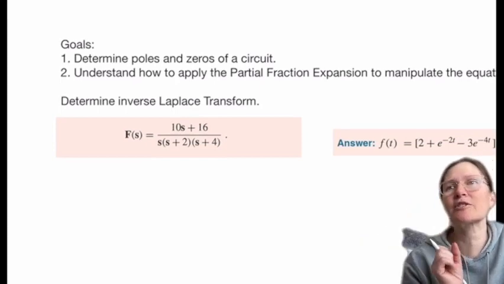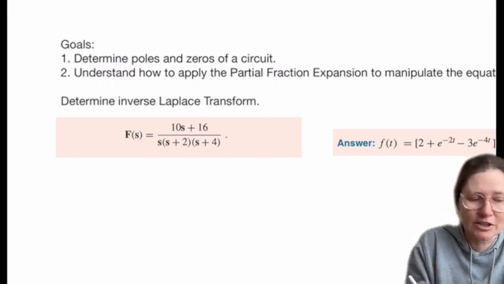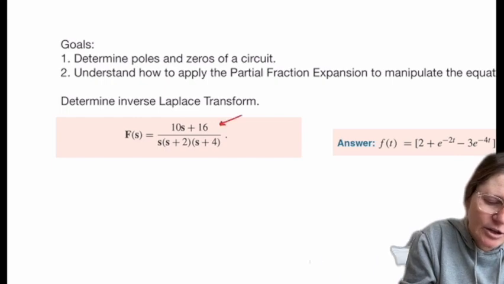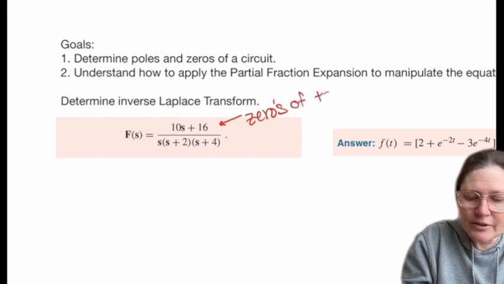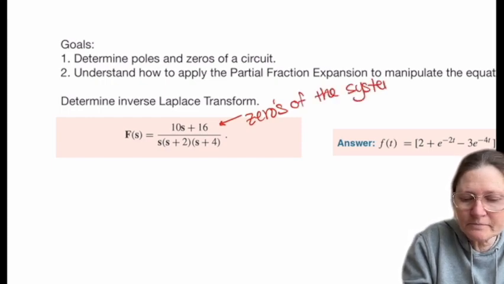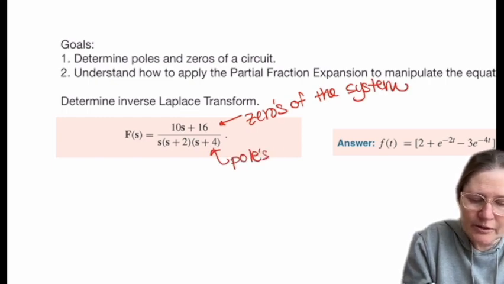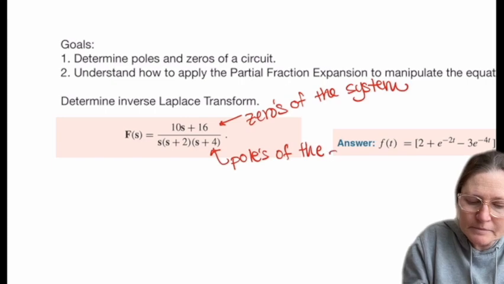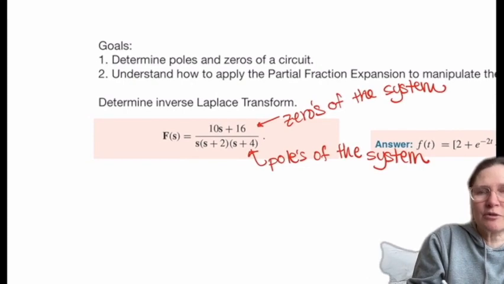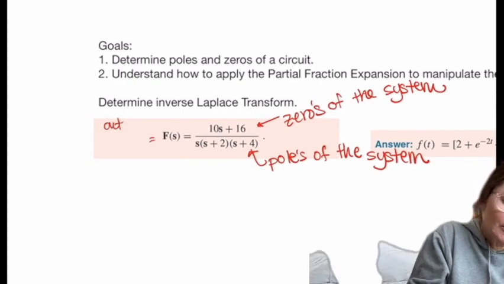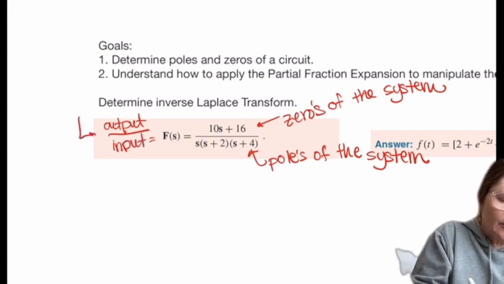But when you do this, it actually gives us some information about the circuit itself. In the top, you're going to get what are called zeros of the system. And the ones on the bottom are poles of the system. Typically this function will be your output over your input, which I mentioned last time is considered your transfer function.